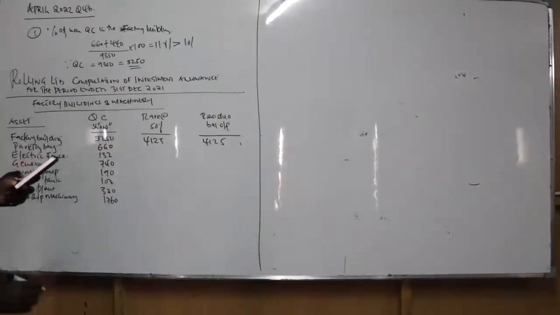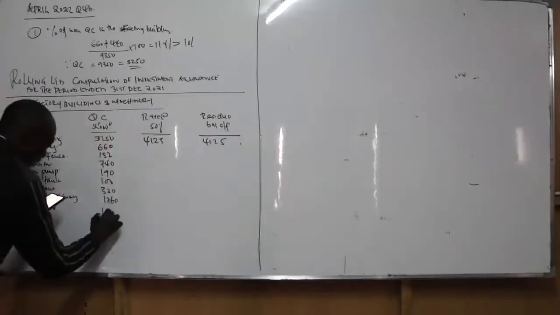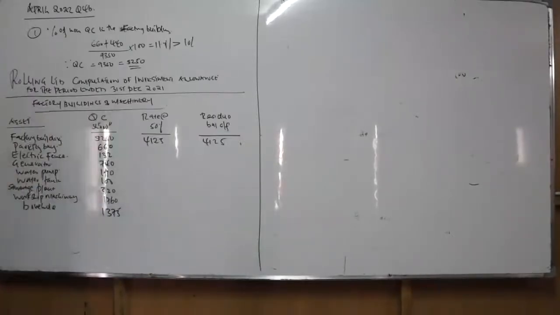Additional information, number one, Rolling Limited sank a borehole. We have a borehole, the cost is 1375. Then there is note number 3. The company constructed a factory extension.